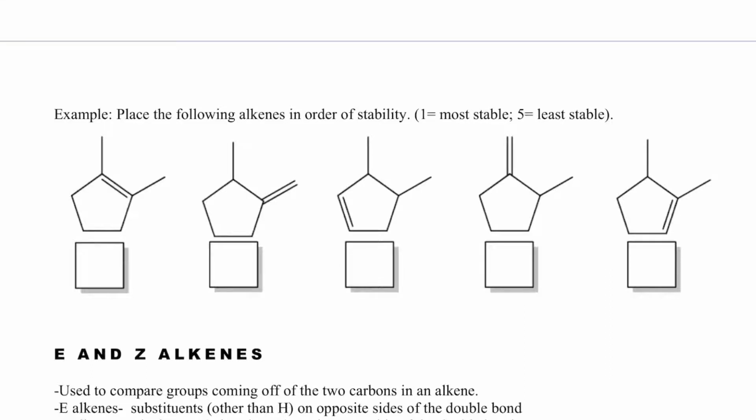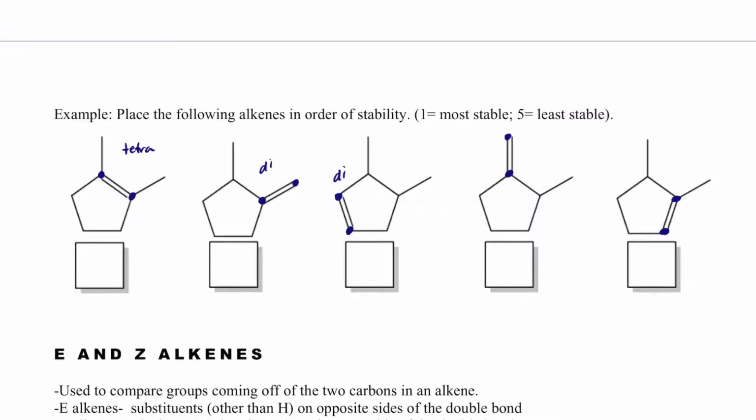So I want to go through and think about the 2 carbons involved in the double bond and figure out their substitution. Are they mono, di, tri, or tetra? I think this first one is tetra. This second one is di. This third one is di.